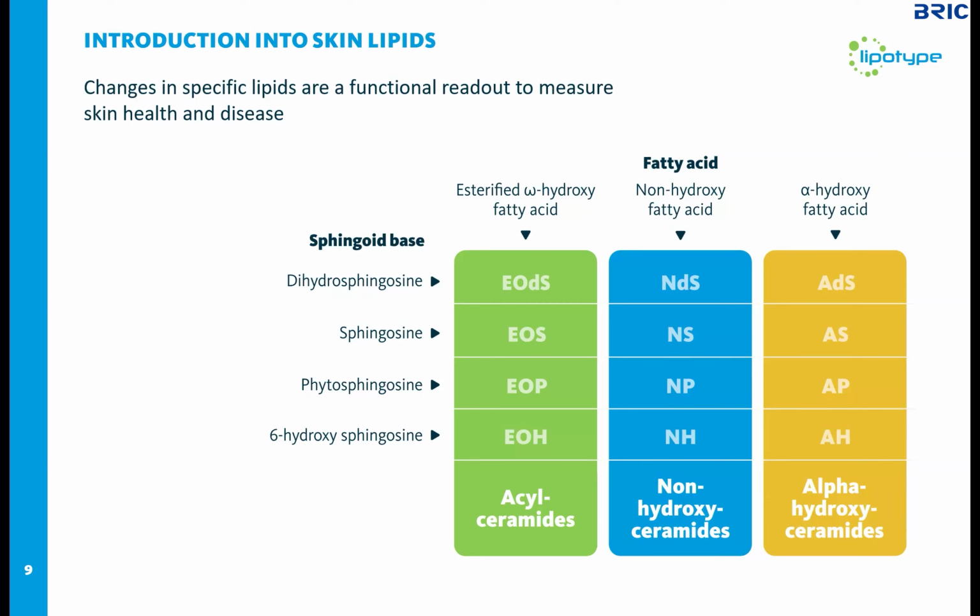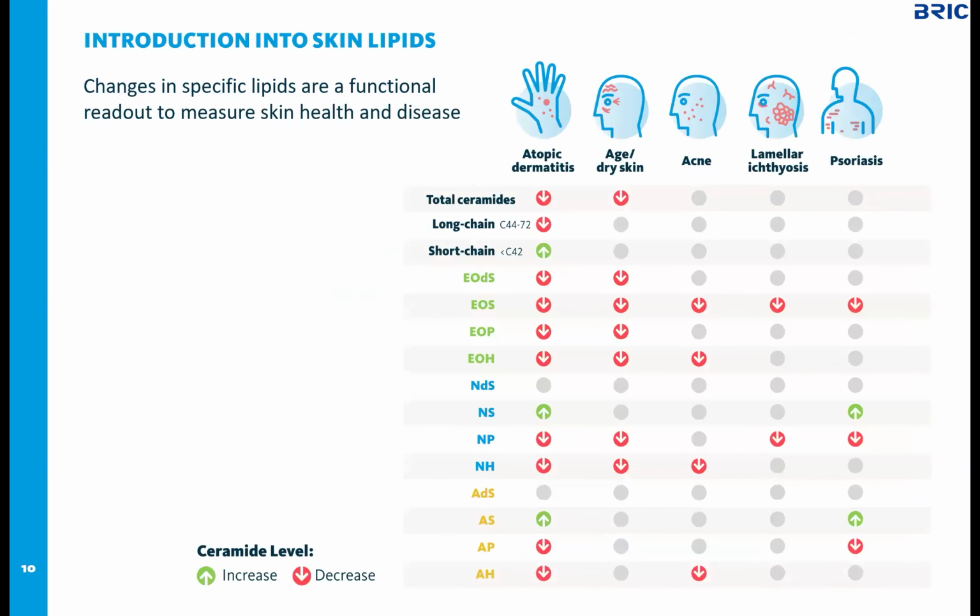Why is it important to have knowledge about the subclass of ceramide? So on this slide, I would like to show you a summarized body of evidence showing the association of different lipid classes to different skin conditions and diseases. And with this, I would also like to emphasize that not only the class of ceramide is important, but it's also important to know the structure of ceramides.